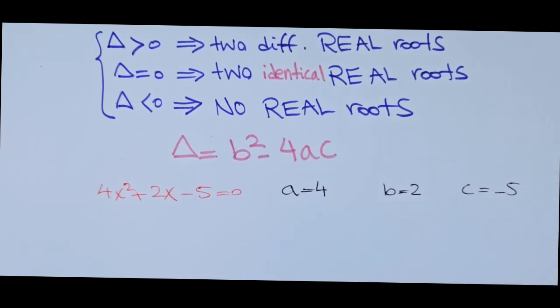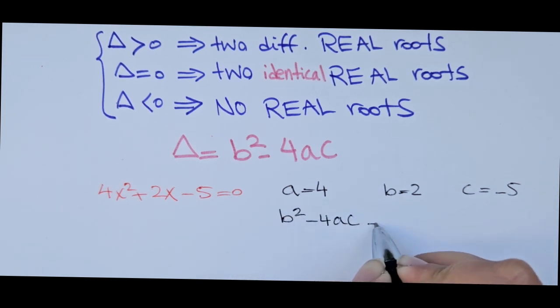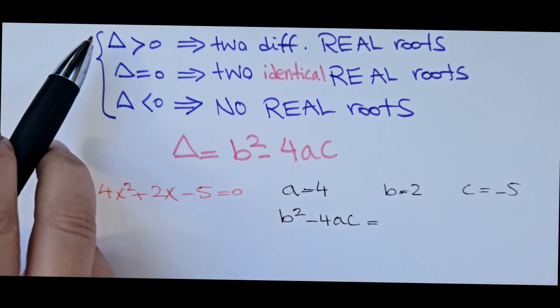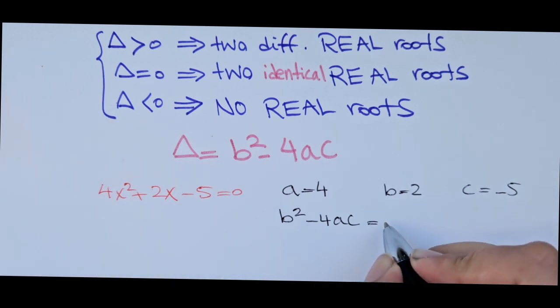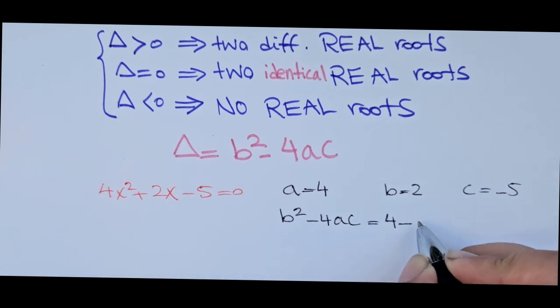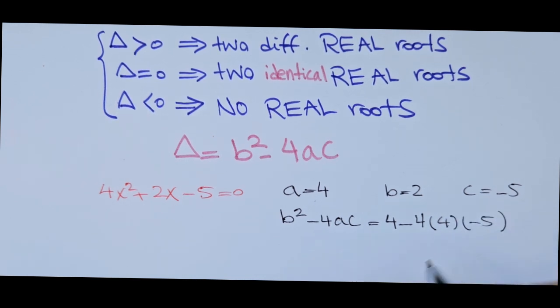But instead of using the whole formula, we just focus on the discriminant and see what's the value. Is it greater than 0? Is it 0? Or is it less than 0? So b squared minus 4ac, and let's see what's the answer.